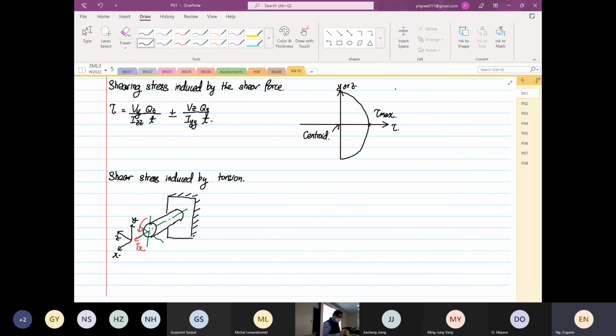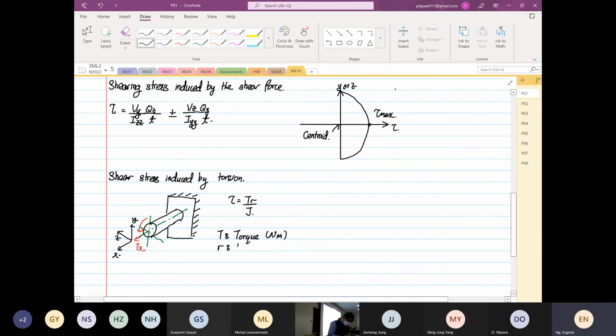The torque will induce a shear stress equal to TR over J, where T is the torsion or torque, in Newton meters.